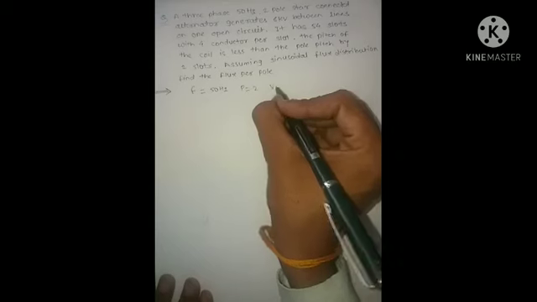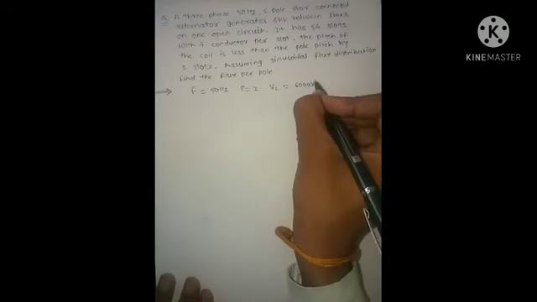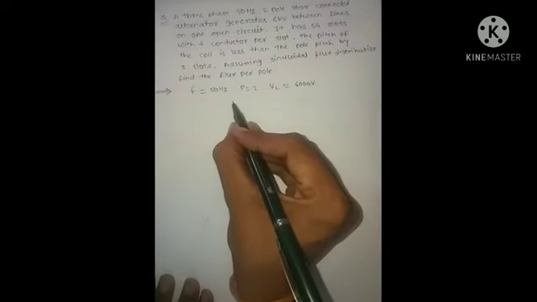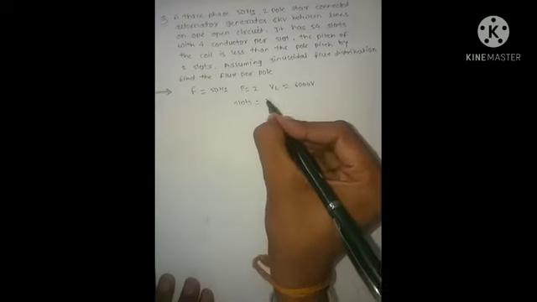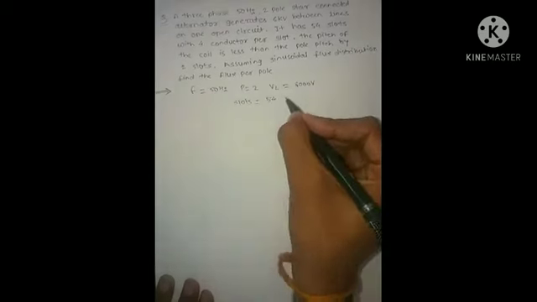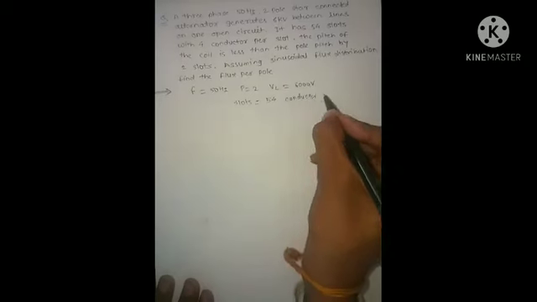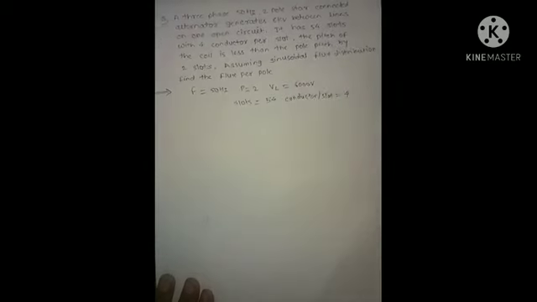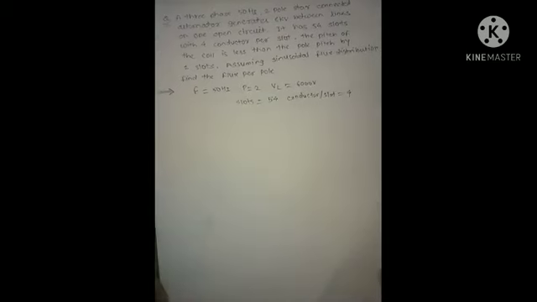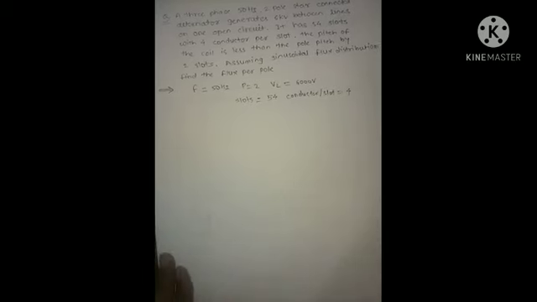The line voltage VL equals 6000 volt, and slots equals 54, and the conductors per slot equals 4. So by using this given data we have to solve the numerical. First of all, the pitch of the coil is less by 2 slots.